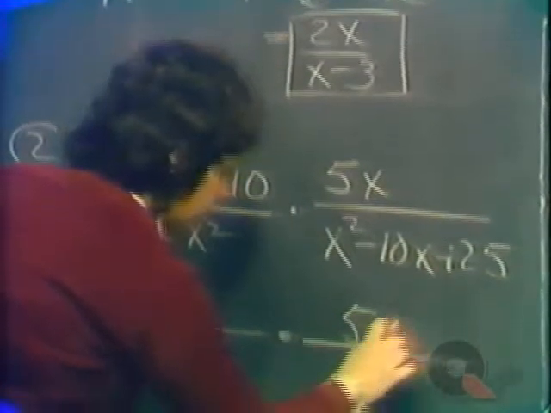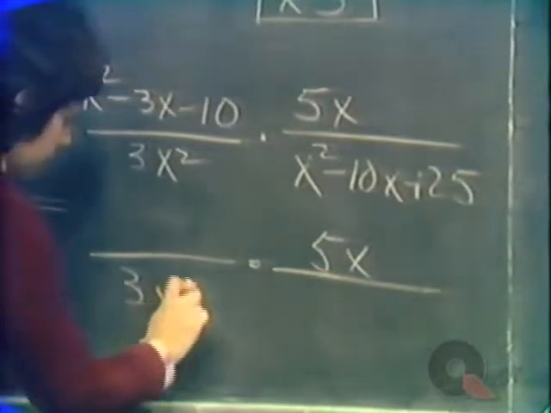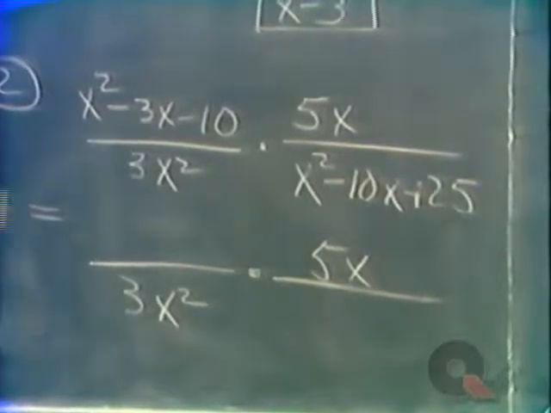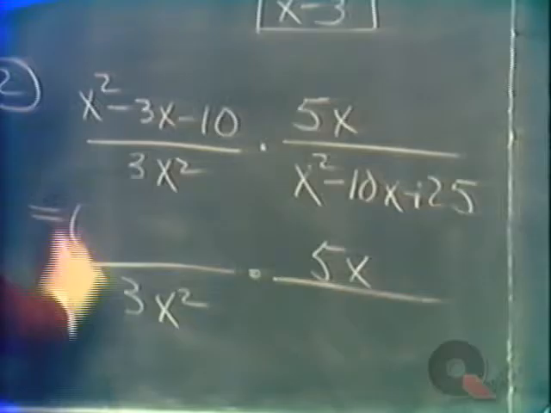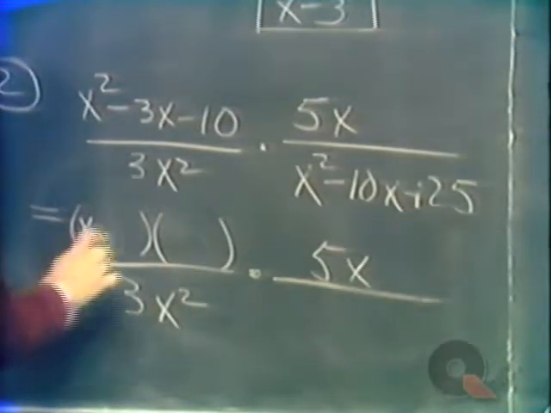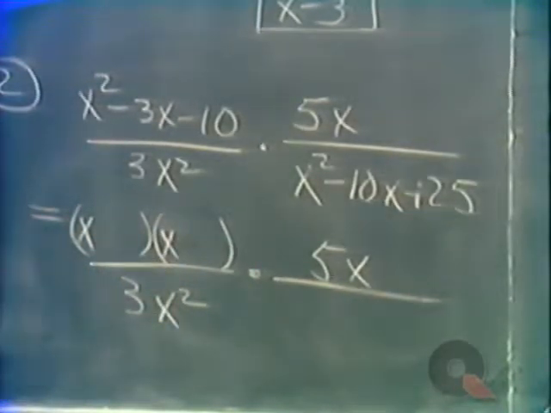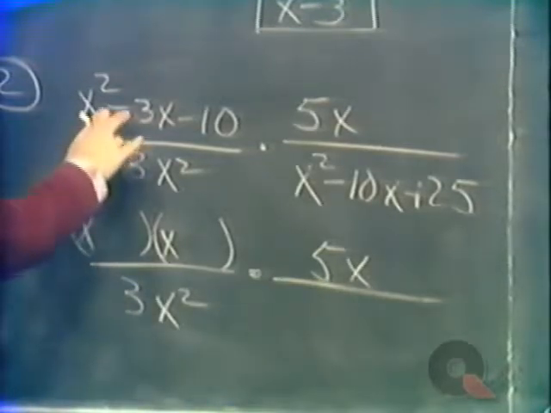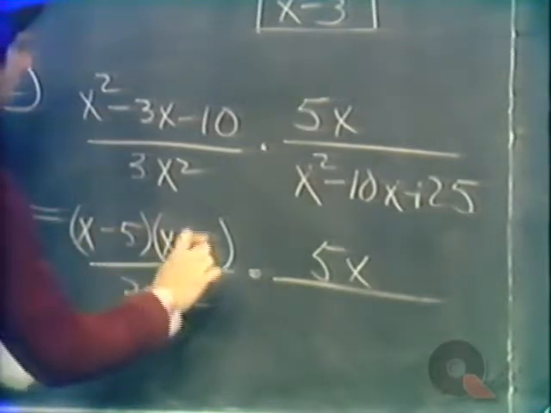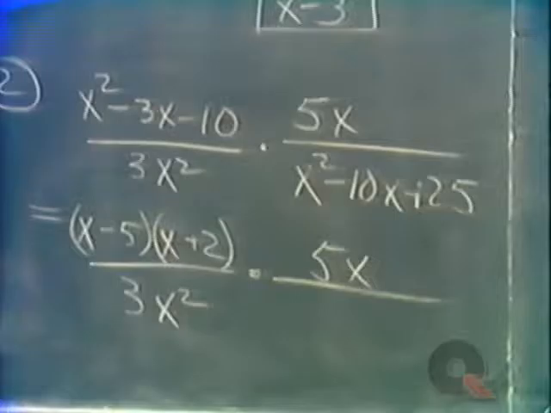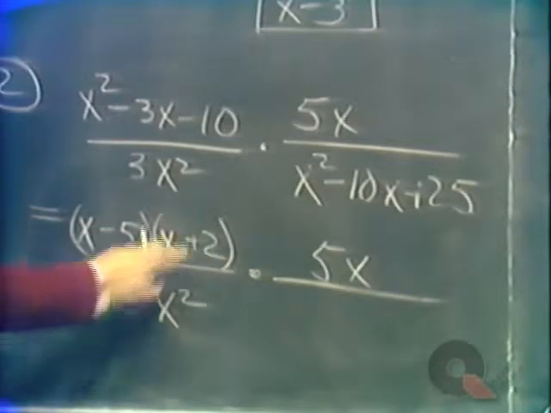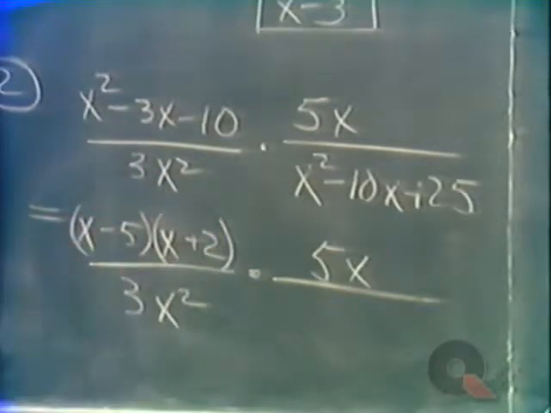We have the 5x here and the 3x squared here. This trinomial, x squared minus 3x minus 10, can be factored into two binomials. We are looking for two numbers which multiply to minus 10 and add to minus 3. They are minus 5 and plus 2, giving us x squared plus 2x minus 5x minus 10.